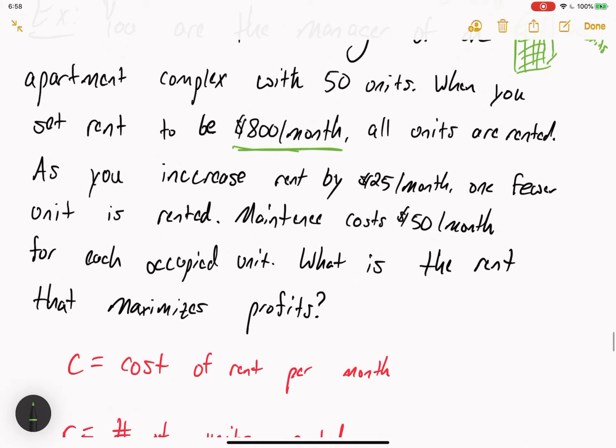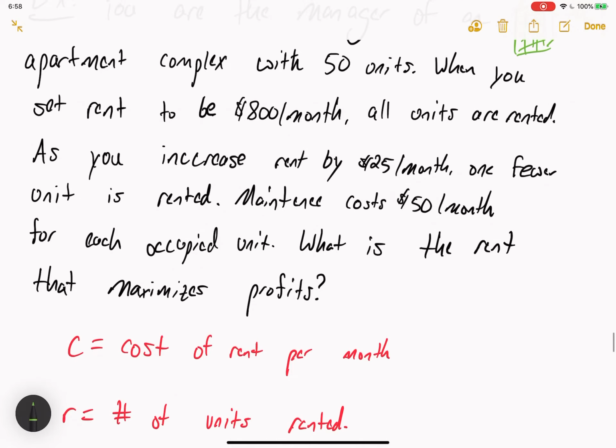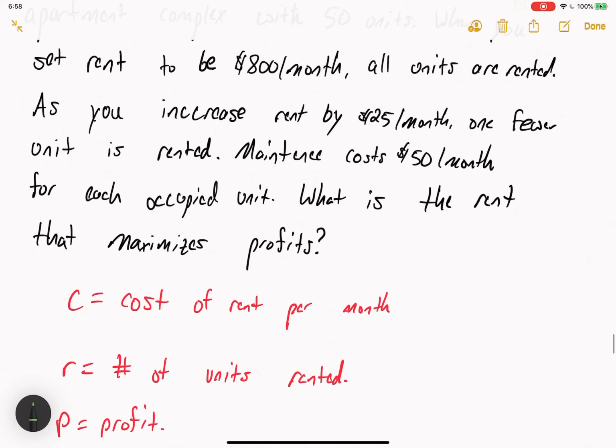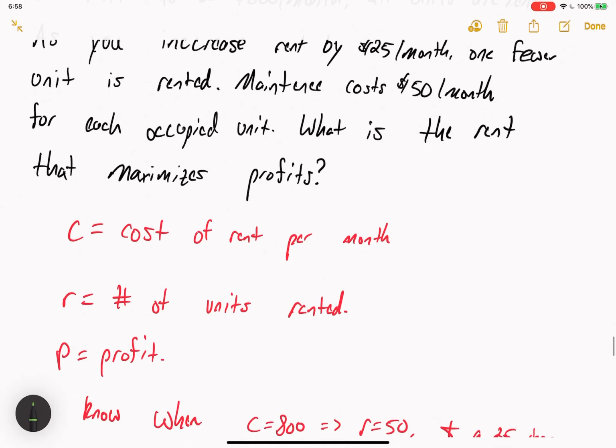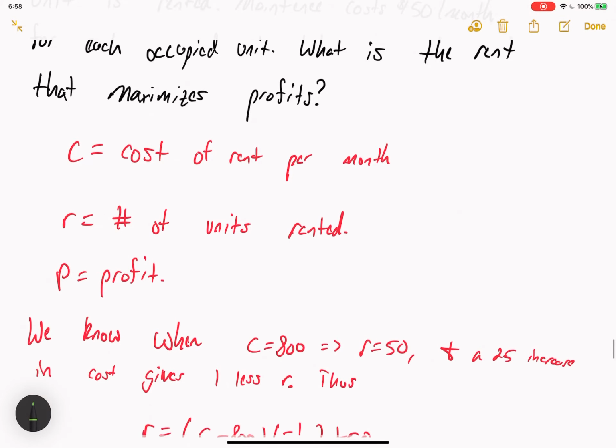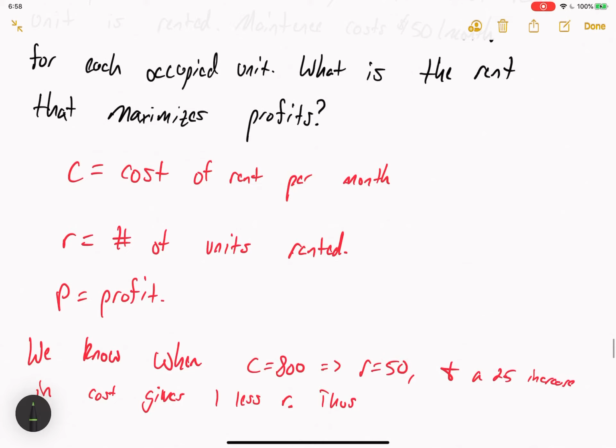And one of the things is that what this relationship tells us is that as we increase rent by $25 a month, one fewer unit is rented. So basically it just corresponds to a slope. And one last thing is we're going to call the profits just P for profit, keep it simple. And now this is where we have to use the information given to us.